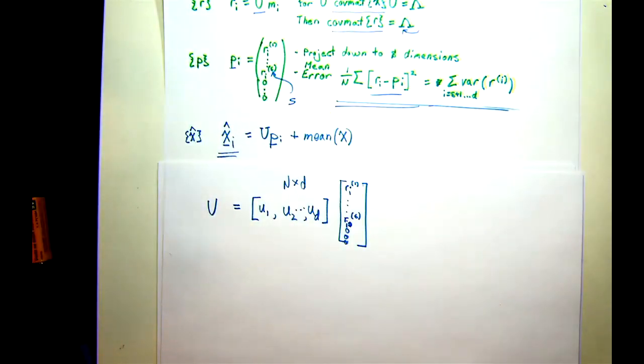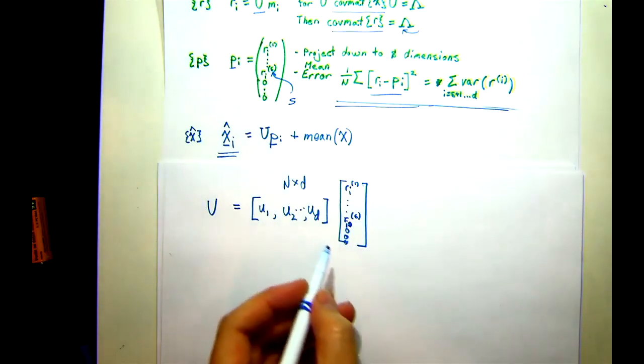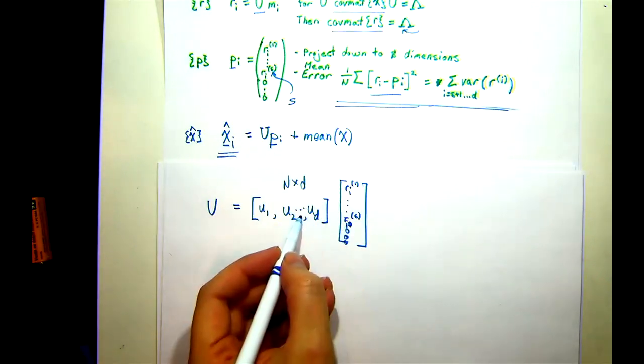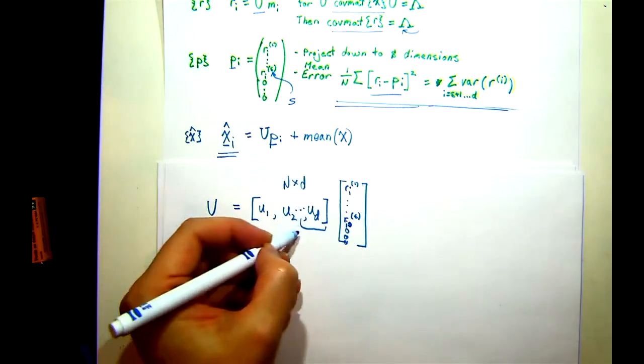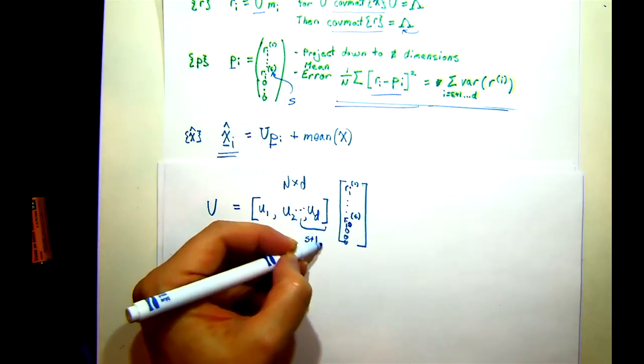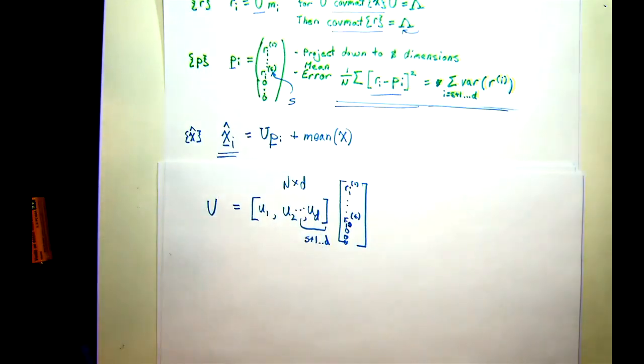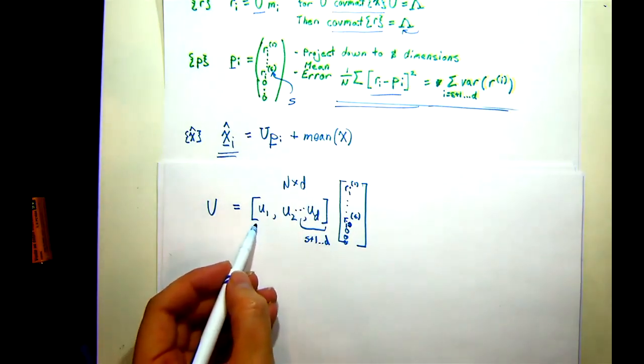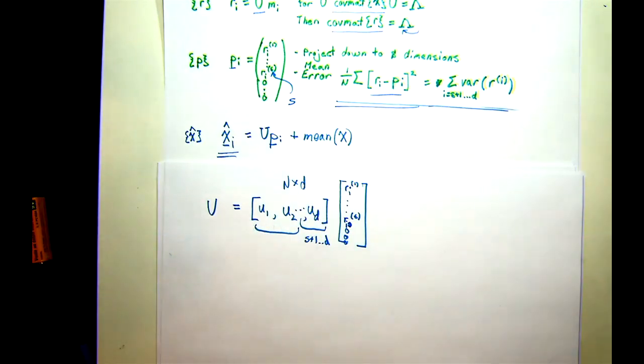And so when you multiply a matrix times a vector with a bunch of zeros, you're basically selecting a bunch of columns and adding them together. So if you think about this multiplication, all the vectors from S plus 1 to D get zeroed out. So all we're doing is adding up all of these vectors to find our data in the original space.